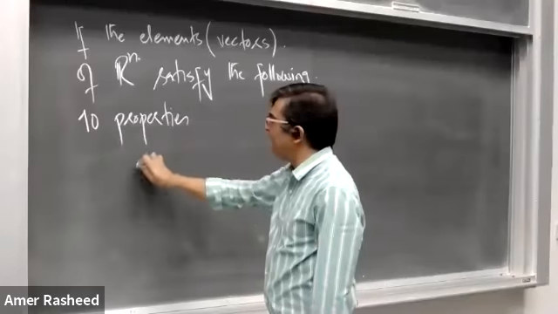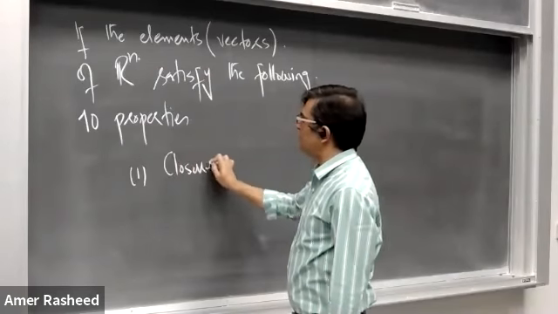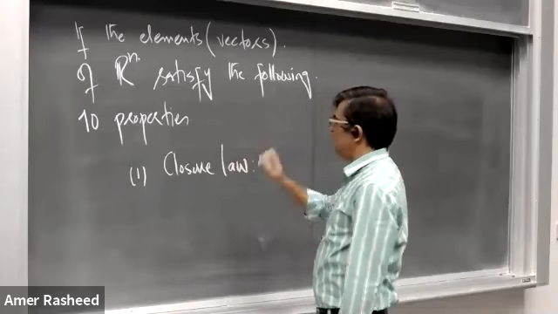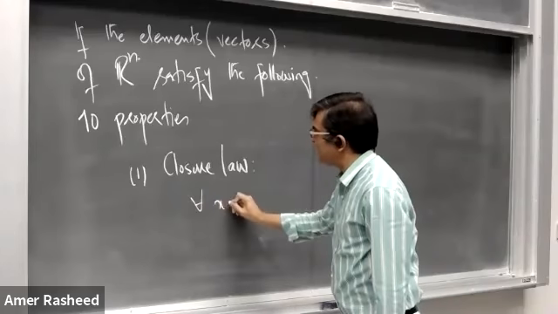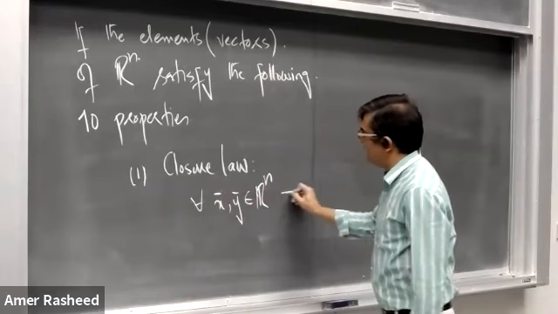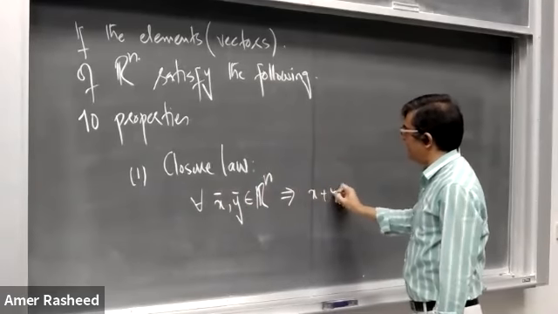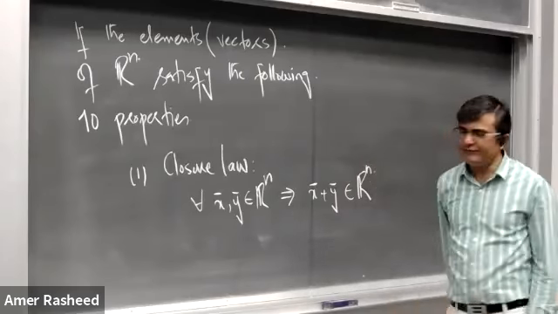The first property is the closure law. What is the closure law? For all x, y belonging to Rn, it implies x plus y belongs to Rn. This is the first one.